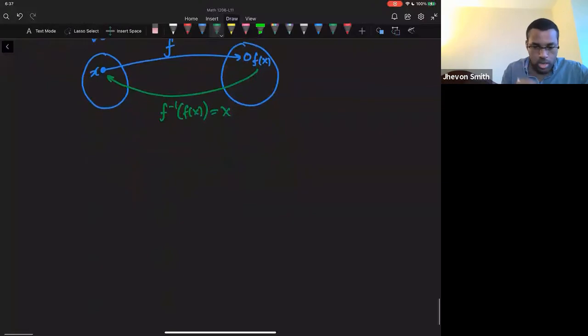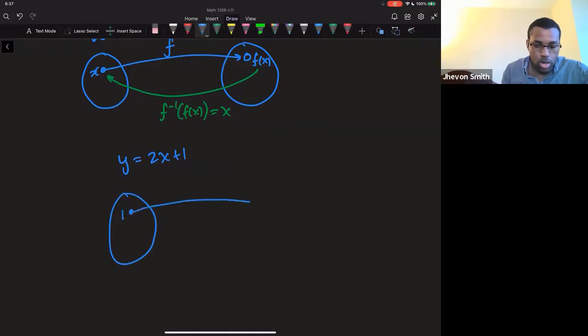So it's like if I had y equals, I don't know, 2x plus 1. There's a function that will take 1 and give you 3, right? How do you go from 3 back to 1 by reversing this rule?